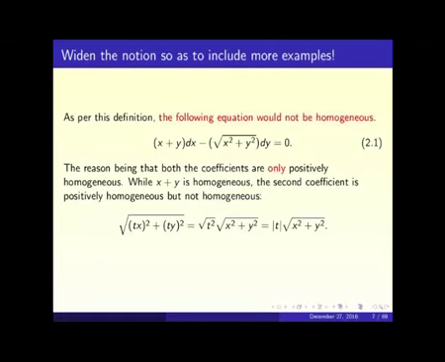F of tx comma ty is mod t times f of xy. So, the function square root of x squared plus y squared is not homogeneous, it is only positively homogeneous. So, the n(x,y) term here is not homogeneous, it is only positively homogeneous.